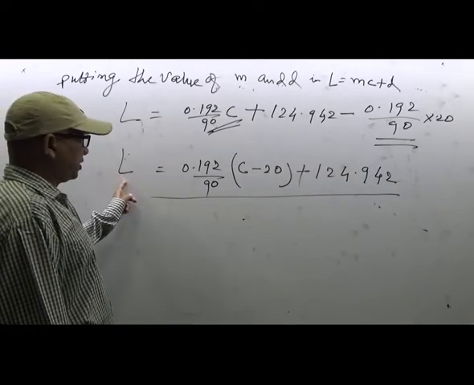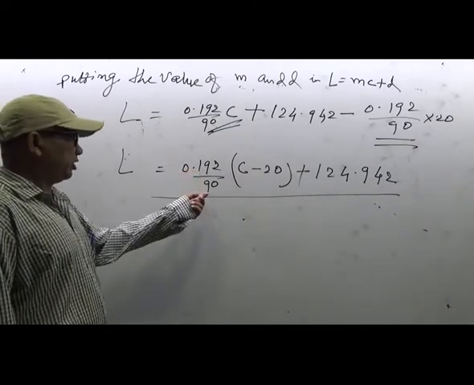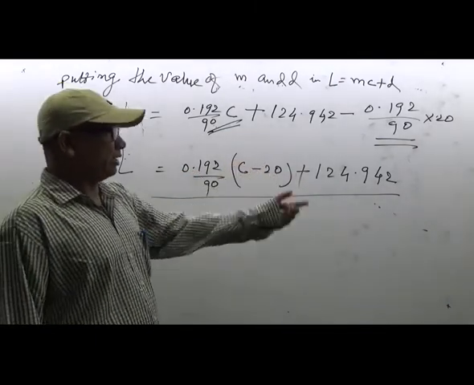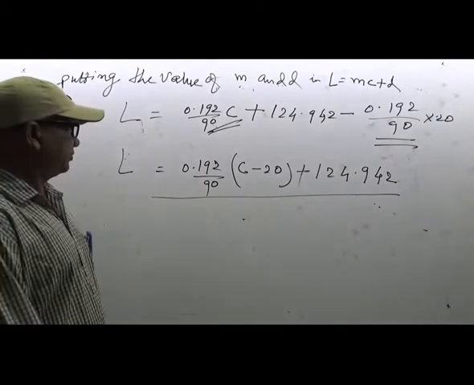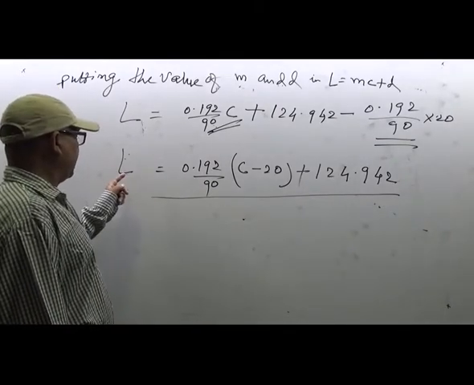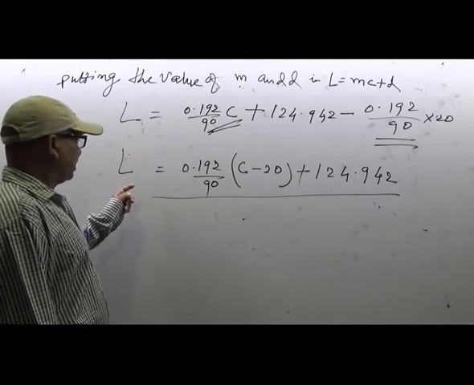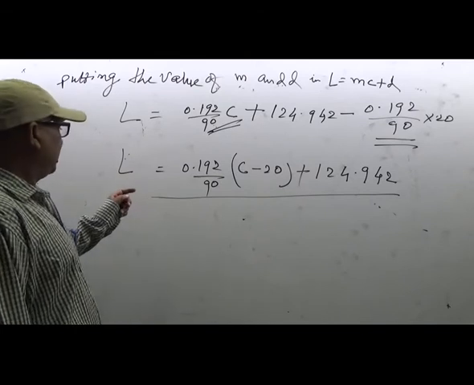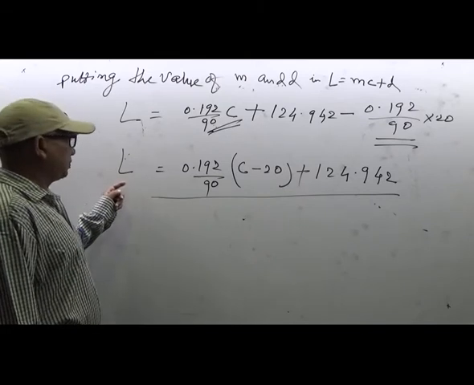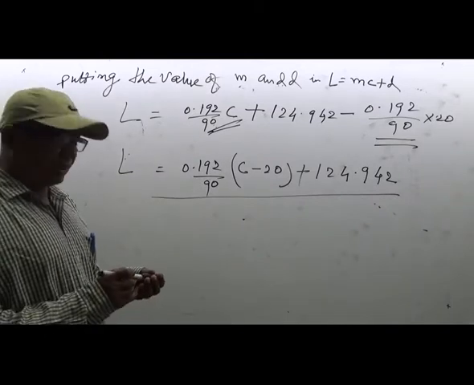L can be expressed in terms of C, and 0.192 by 90 and 124.942 are the constants. So this denotes that L is expressed in terms of C. This is your answer.